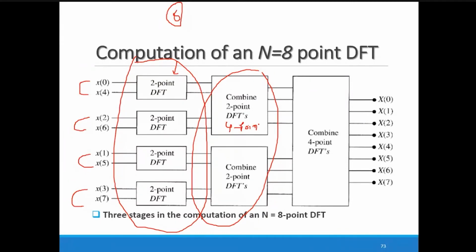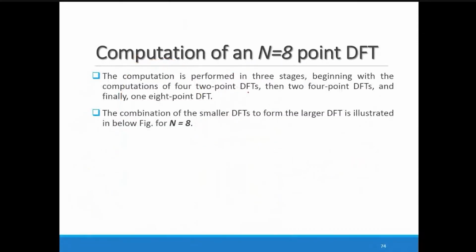Similarly, this block combines the two 4-point DFTs, so this block represents the 8-point DFT. Here it is written four 2-point DFTs, then two 4-point DFTs, and finally one 8-point DFT. The combination of the smaller DFTs to perform the larger DFT is illustrated below.